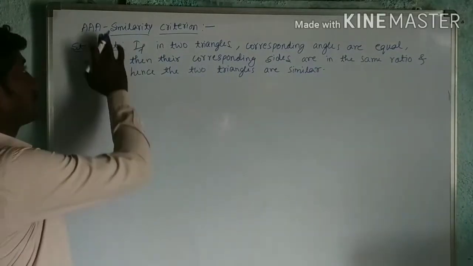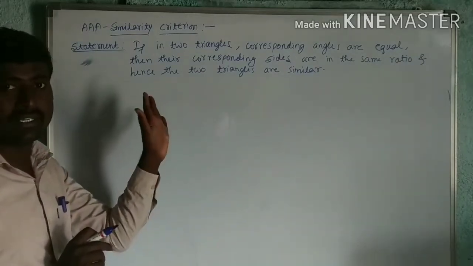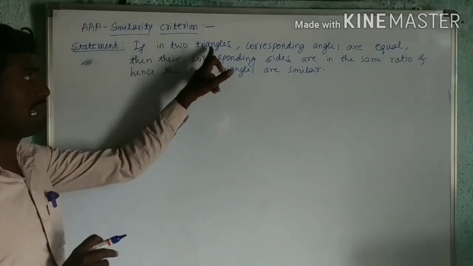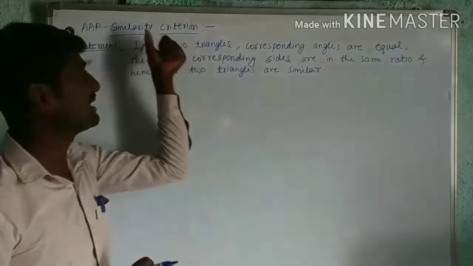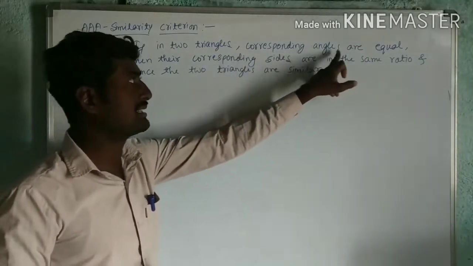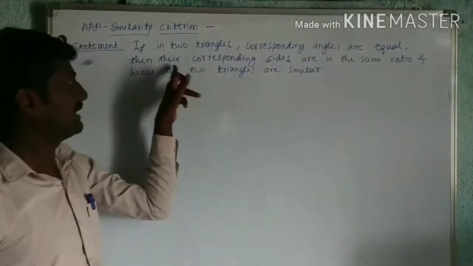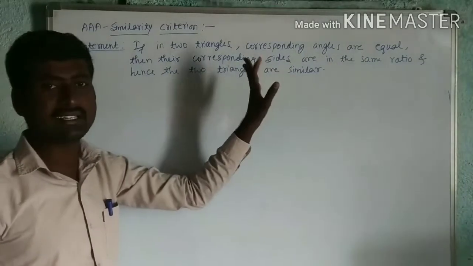If suppose they ask only AA, we have to write the statement like this: if in two triangles, two corresponding angles are equal, then their corresponding sides are in the same ratio, and hence the two triangles are similar.